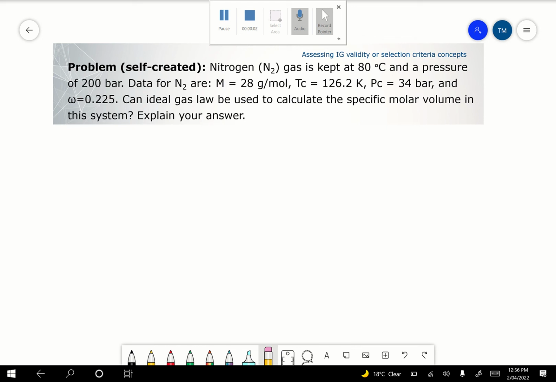Okay, so this is a self-created problem. Nitrogen gas is kept at 80 degrees Celsius and a pressure of 200 bar.